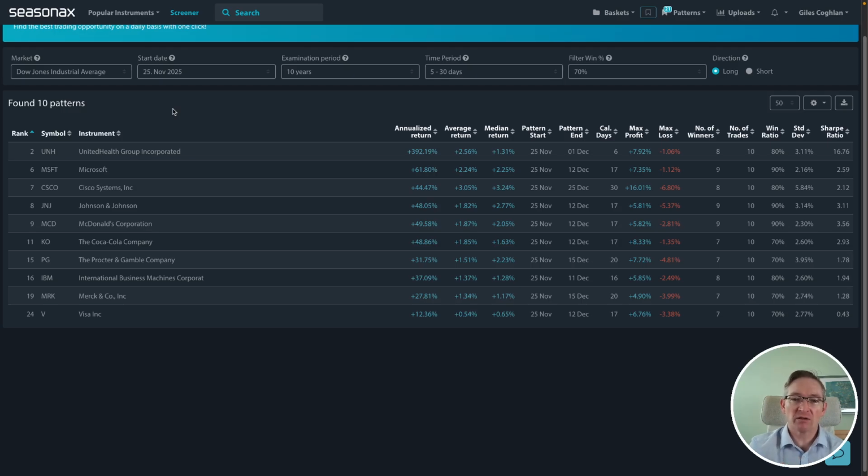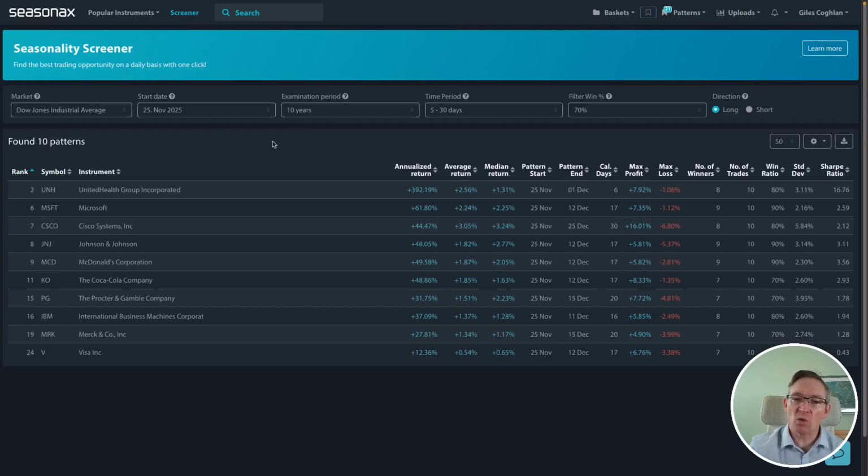By filtering the market and using metrics like the standard deviation and the Sharpe ratio, you can quickly distinguish between patterns that are genuinely powerful and those that maybe only look good on paper but aren't so good in reality. So you can use Seasonax's tools to build a seasonal trading routine that is objective, repeatable, and most importantly, statistically grounded.